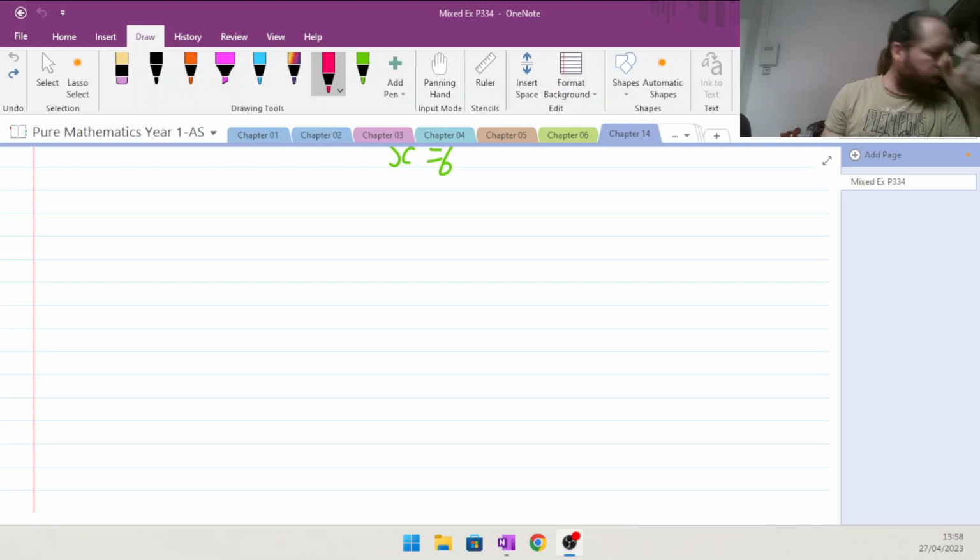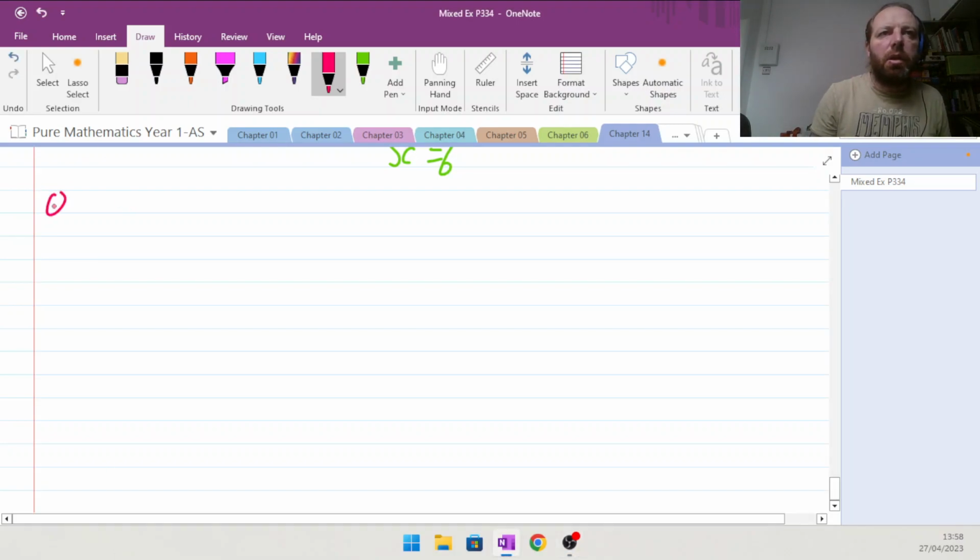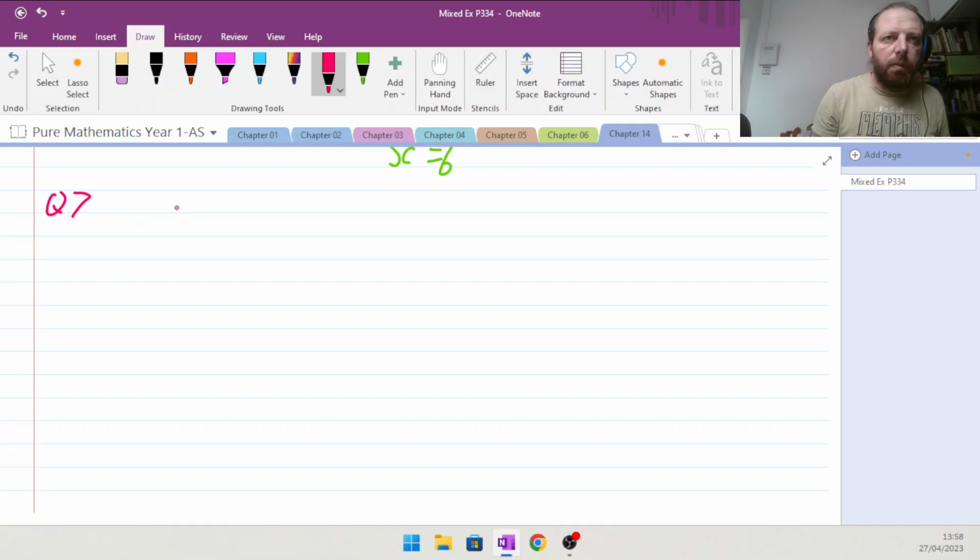Okay, so chapter 14, question 7. Let's have a look. It states to differentiate each of the following. So let's say y is equal to e to the minus x. So dy by dx is going to be e to the minus x, and the minus comes down.